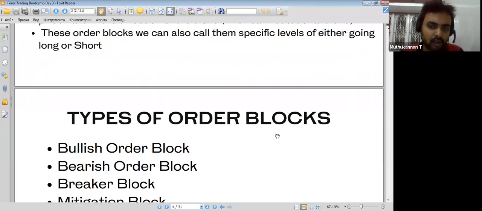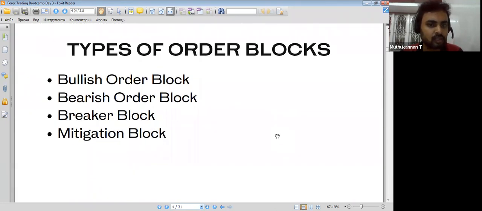Now, what are the types of order blocks? So we have a bullish order block, a bearish order block, a breaker block, and a mitigation block. We also have more blocks, but that is not required for today's session. All we need are these four different types. Please note down: bullish order block, bearish order block, breaker block, and mitigation block.